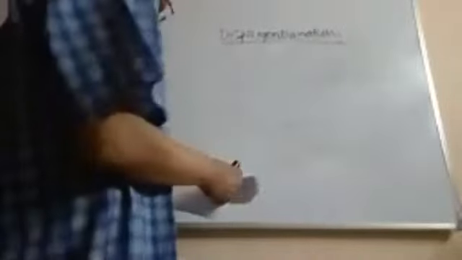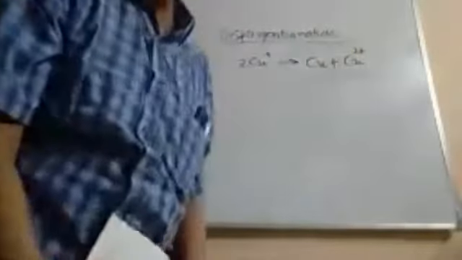Let me give an example of a disproportionation process. Suppose I have two Cu+ ions, the monovalent copper, breaking down to copper metal and Cu2+. So what's happening here? We have two Cu+ ions. One of them is getting reduced to copper metal, and the other Cu+ is getting oxidized to Cu2+.